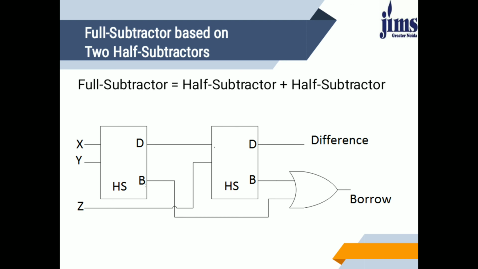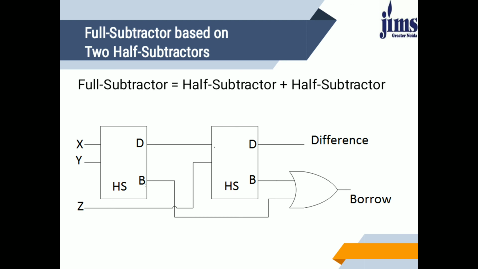One takes X and Y, meaning A and B, as input, and its output, that means the difference, again goes to the input of another half subtractor. The other input to the second half subtractor will be your Z.